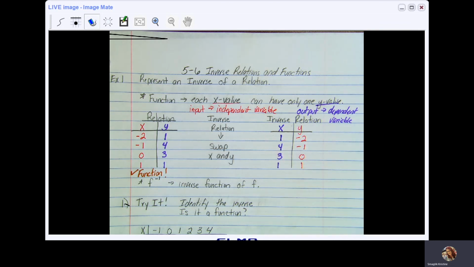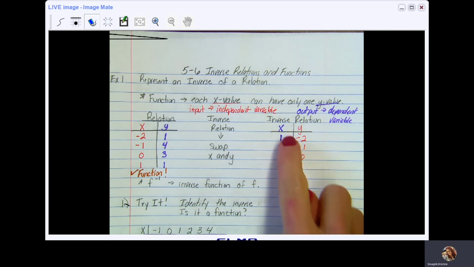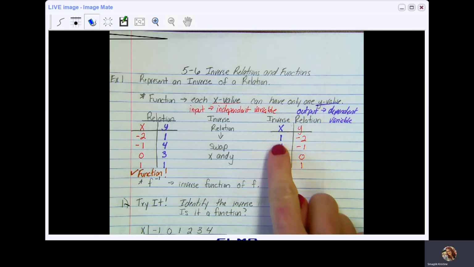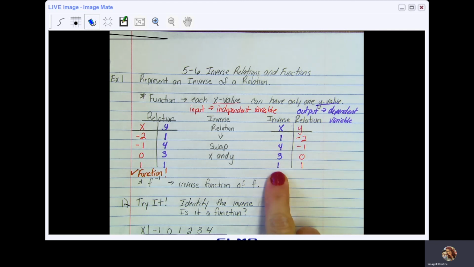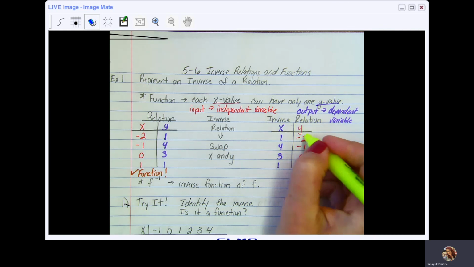And now notice how your x values repeat here. I have two x values of 1, and this x value of 1 has a corresponding y value of -2, while this x value has a corresponding value of 1. That creates a problem.